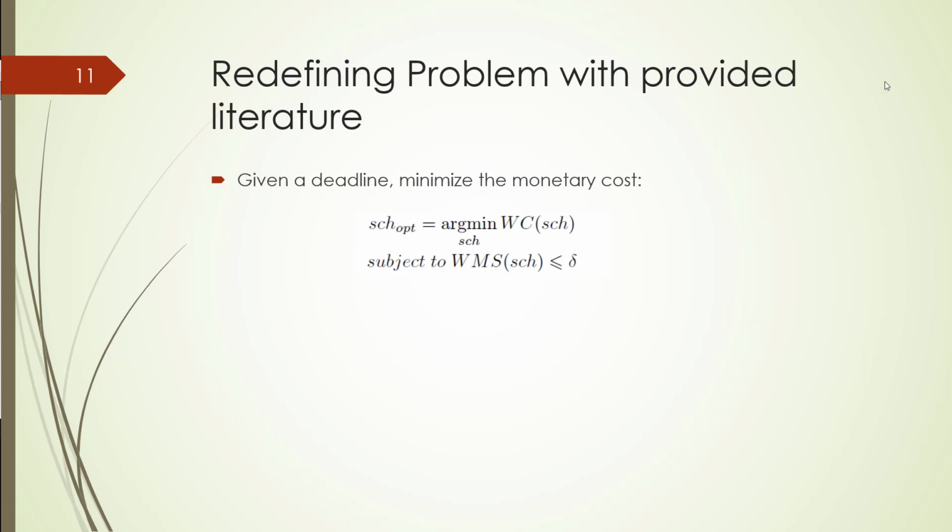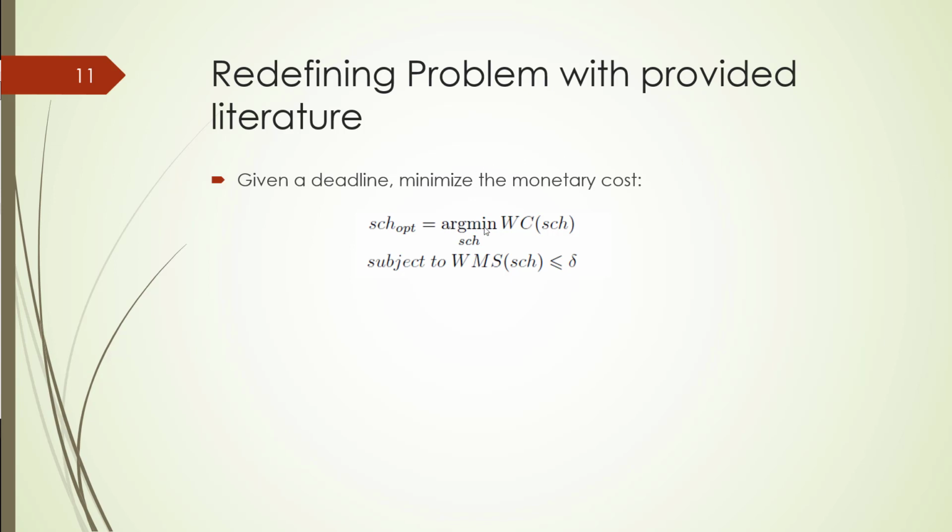The deadline constraint workflow scheduling problem now is to find the optimal workflow schedule SCH optimal that minimizes the workflow monetary cost of running workflow W within the deadline sigma. So we can formulate it like this.